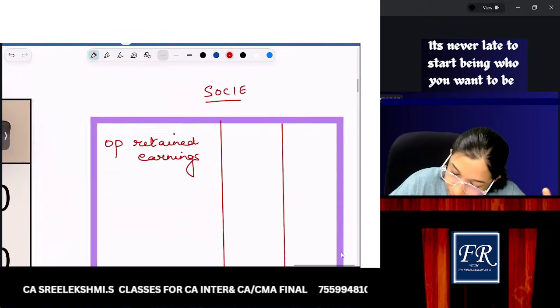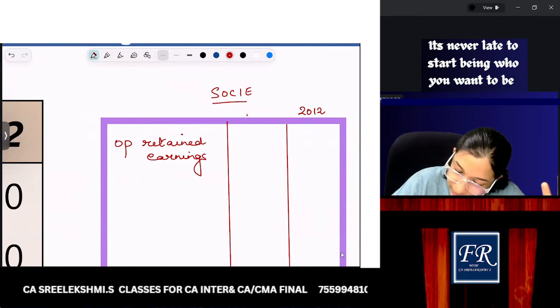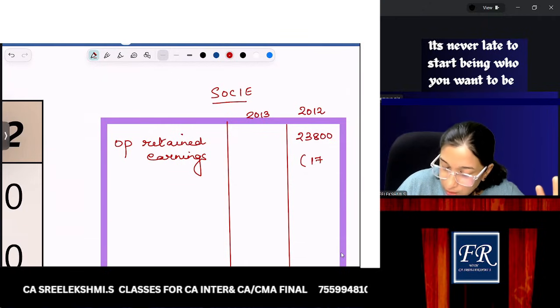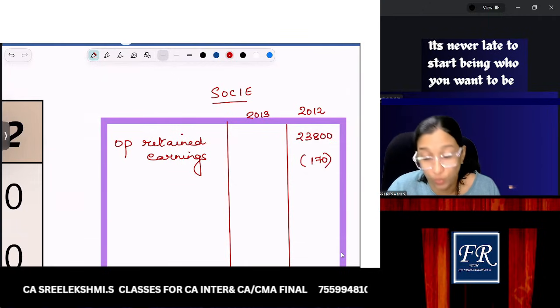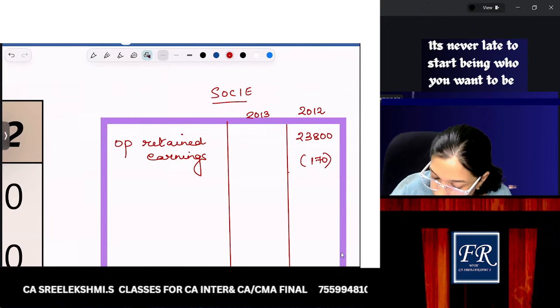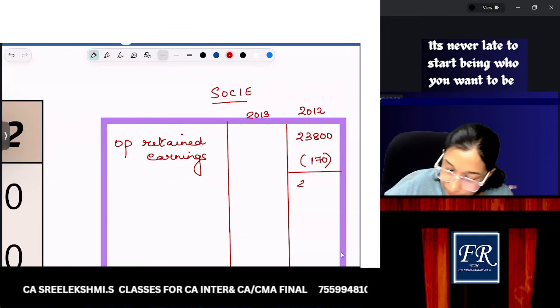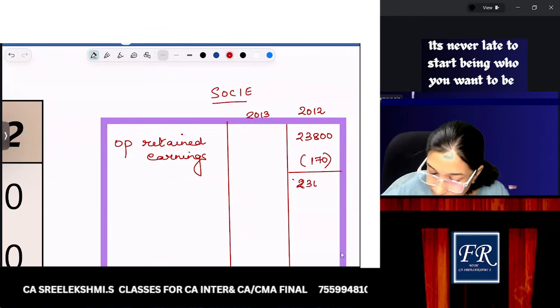Previous year. This is restated or corrected. Opening retained earnings was 23,800, and we need to account the expense unaccounted in the first year, 170. So it is 23,800 minus 170, 23,630.